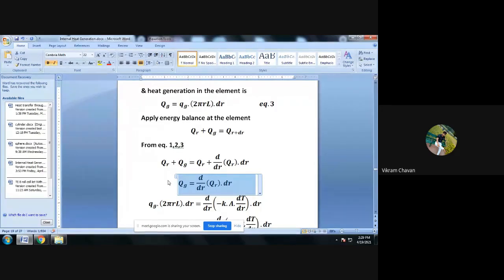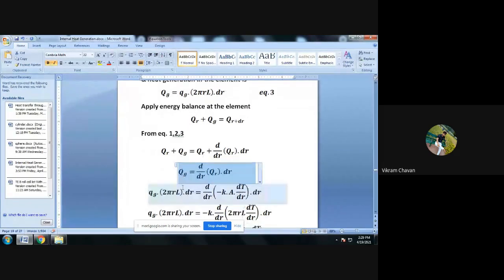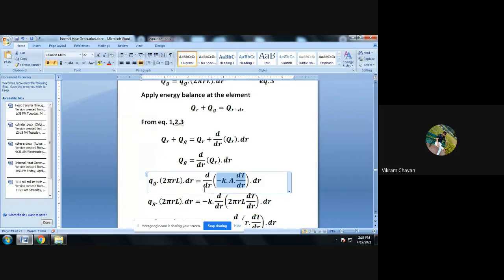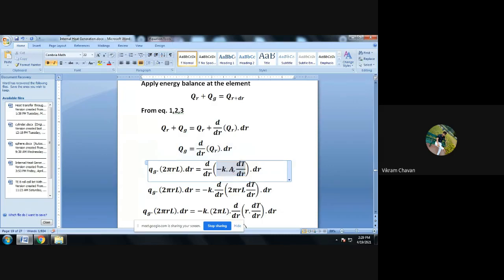Everyone with me? Now next, we know the equation for capital Q suffix G, which is small q suffix G multiplied by 2 pi RL multiplied by dr, and which is equal to the differentiation of Q suffix R with respect to R. We know the equation for Q suffix R, so we put it inside the differentiation, that is minus K multiplied by A multiplied by dt divided by dr, multiplied by dr. The area for the cylindrical element is 2 pi RL, so instead of area we put 2 pi RL.